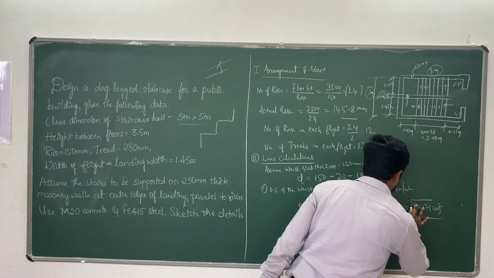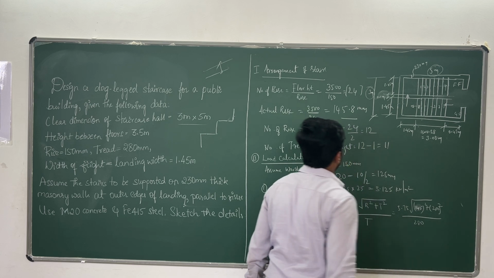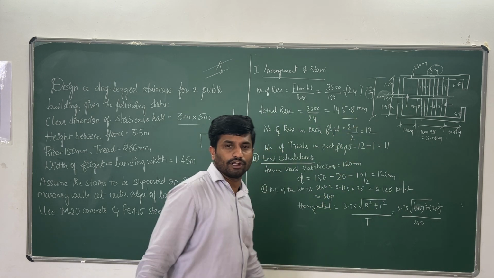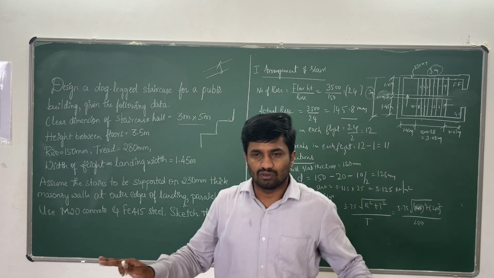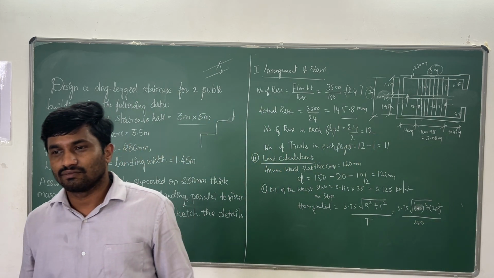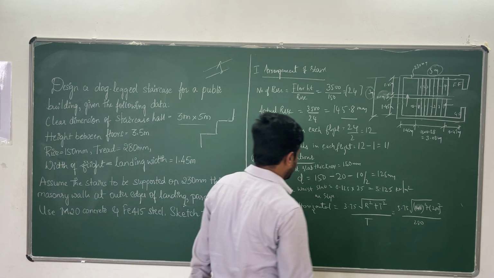Please note that here you can use the calculated value 145.8. 145.8 means you may use 146, or you may use 150. No problem, it is also right. So what is the weight?